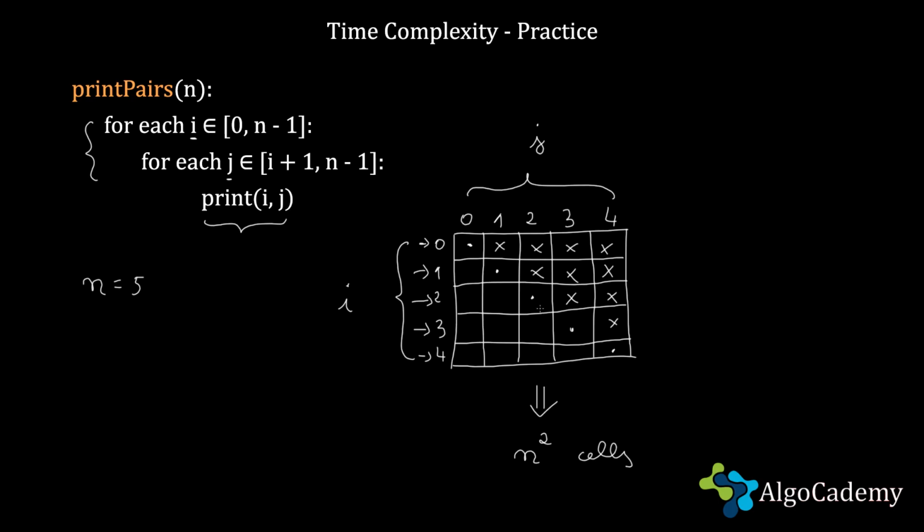This was an example for n equals 5, a small one, but no matter the value of n, in this pattern we only take less than half of all the cells in the grid. So the number of operations will be less than n squared divided by 2. But we don't care about the 2, and we can say that this is our time complexity.